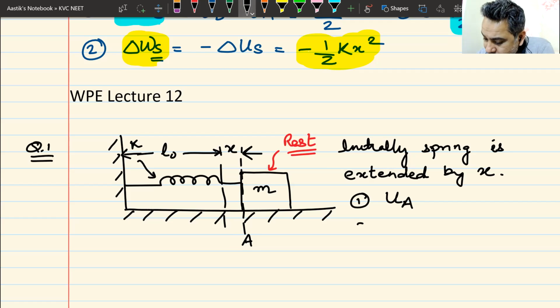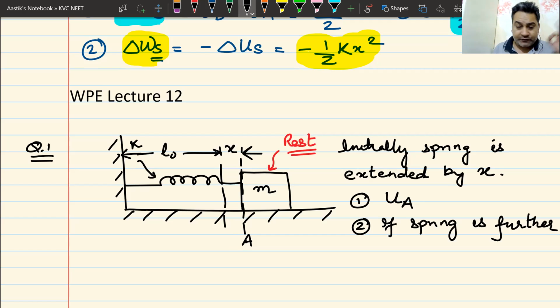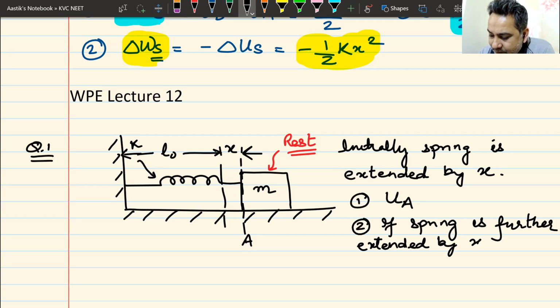Number two, if the spring is further extended by an amount x. Remember the word further. It is already extended. I'm explaining the question very simply, very slowly, very clearly. You will not get so much time in the real exam to understand the question.